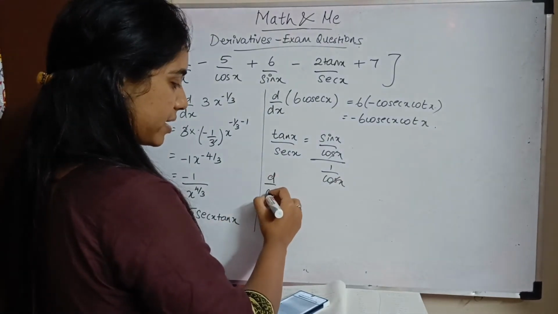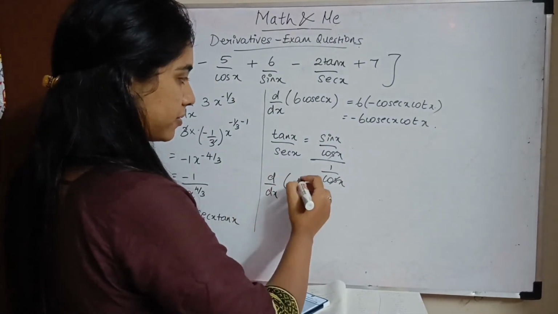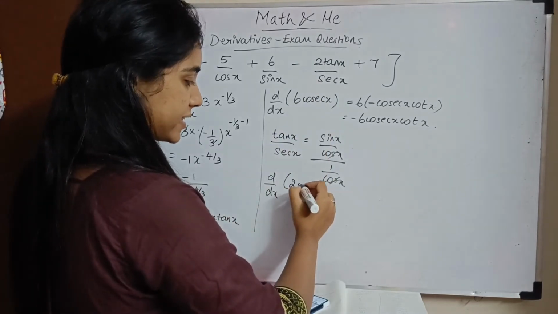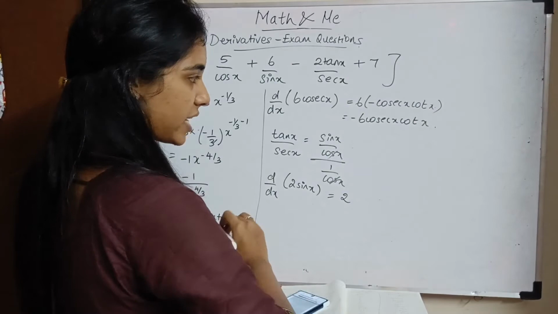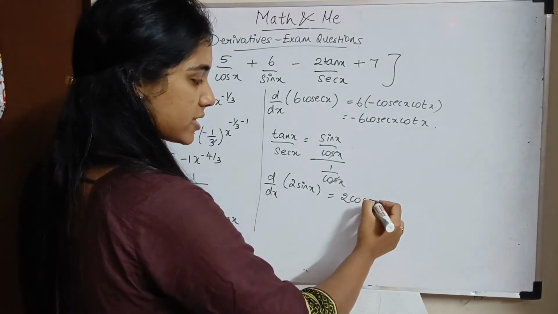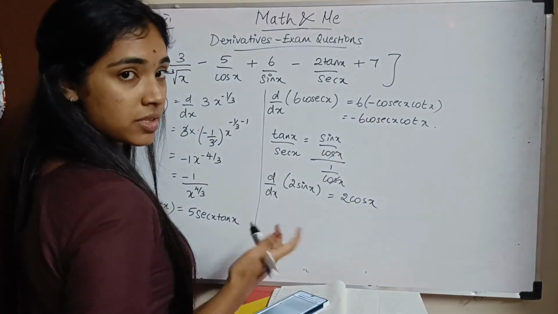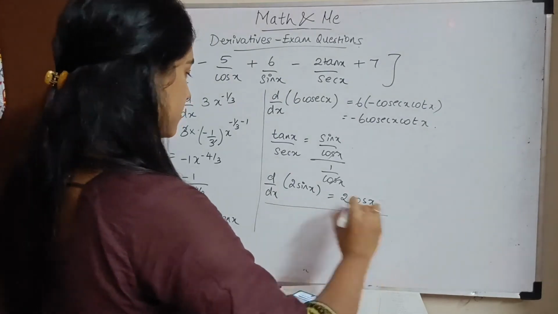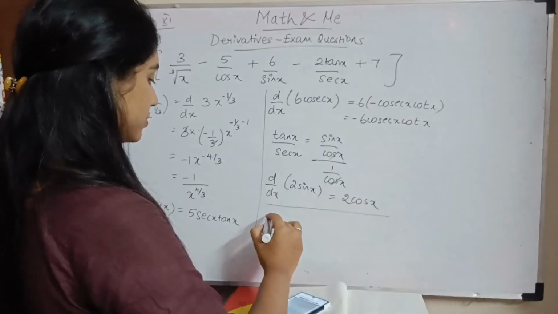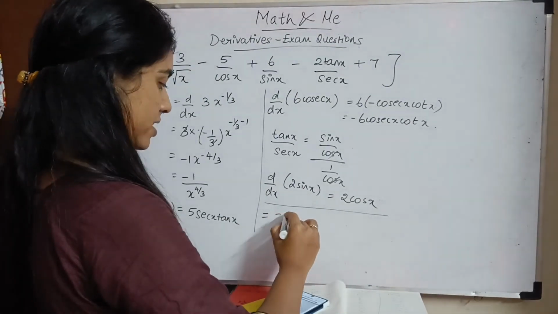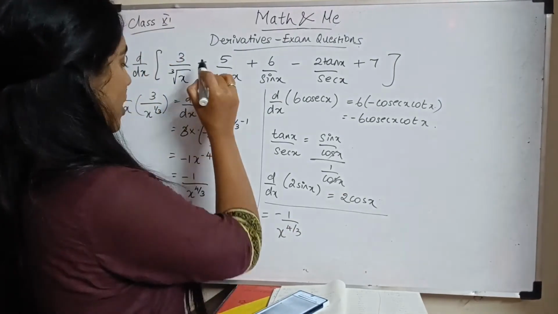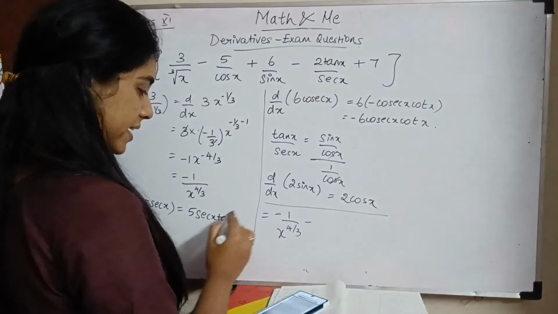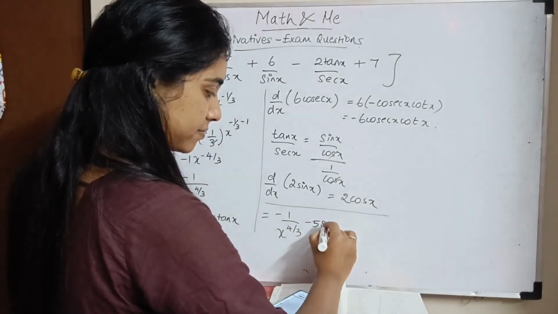So d by dx of 2 sin x. Don't forget the 2. 2 sin x. So 2 comes out, the derivative of sin x is cos x. The derivative of 7 is 0. So what is your final answer? It will be minus 1 by x to the 4 by 3. You have a minus here. Minus 5 secant x tan x.